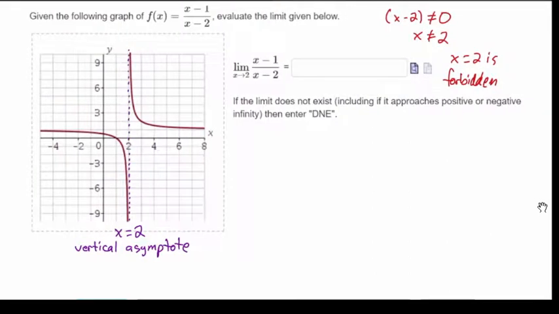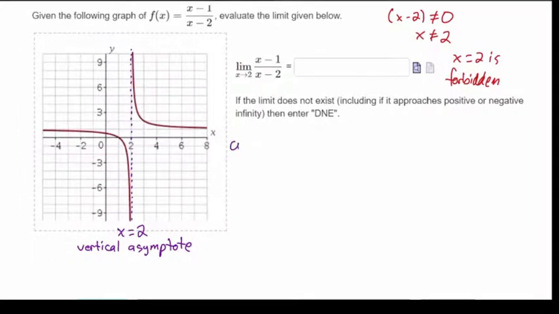And so what is our limit as x approaches 2? So we're going to approach, sorry, once again, I can't go back and change this. So in order for the limit to exist, it has to be the same value from either side.